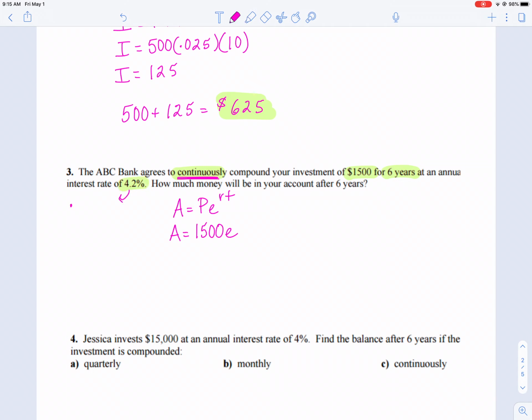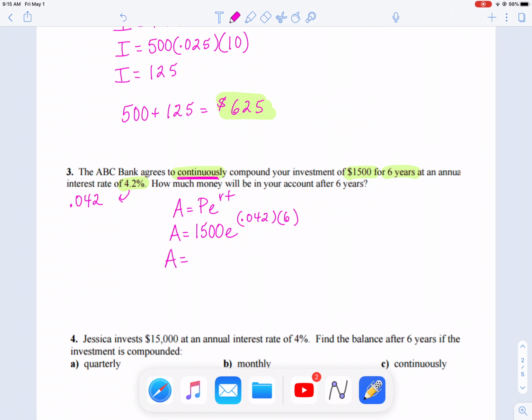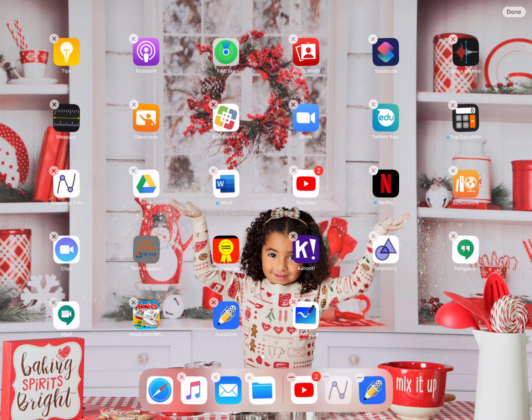Remember, 4.2% is 0.042 times your time, 6 years. Okay, so once again, look where that E is going to be.